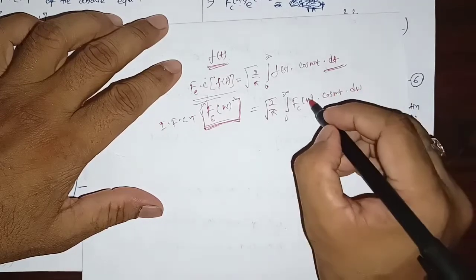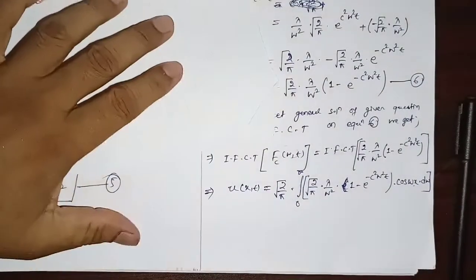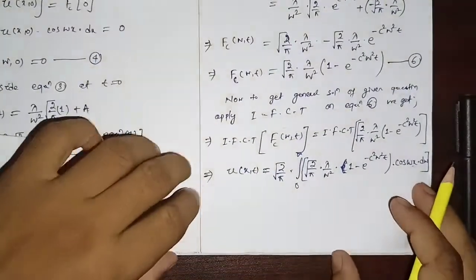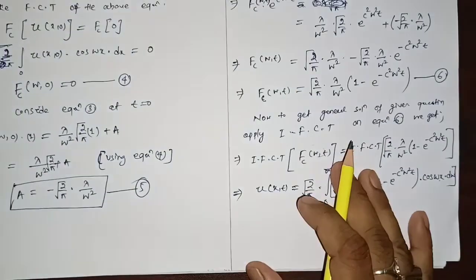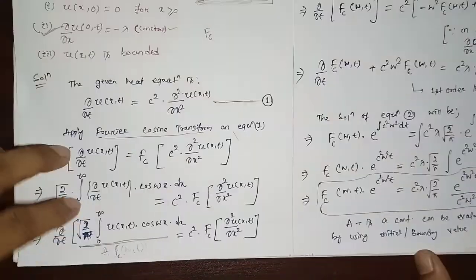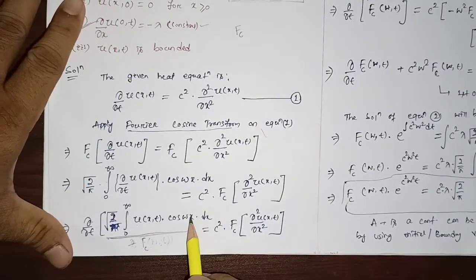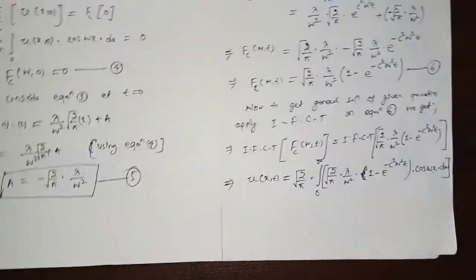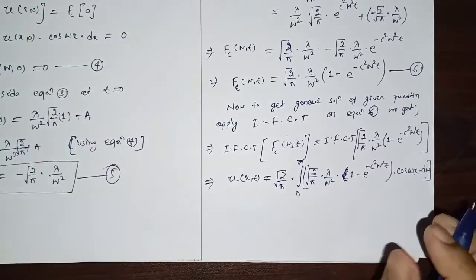Here, when we considered the Fourier cosine transform, x is there with omega, so for the inverse Fourier cosine transform we have to write omega x into d omega.